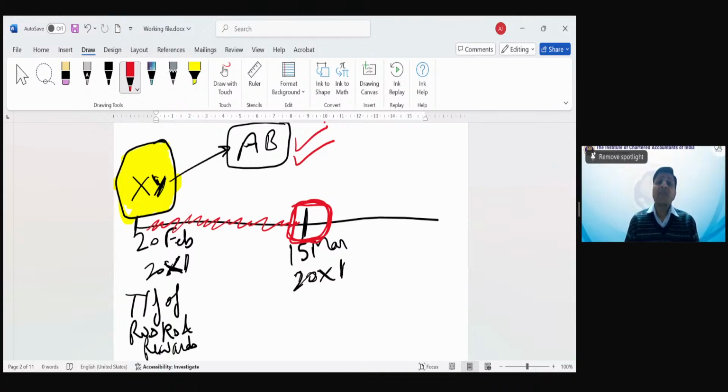Should you wait for this revenue recognition till 15th of March? The answer is no. Why? Because on 20th of Feb, in relation to this sale, risk and reward has been transferred to AB.